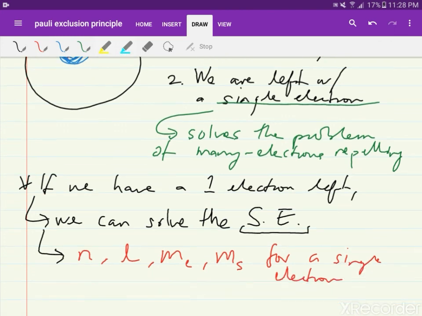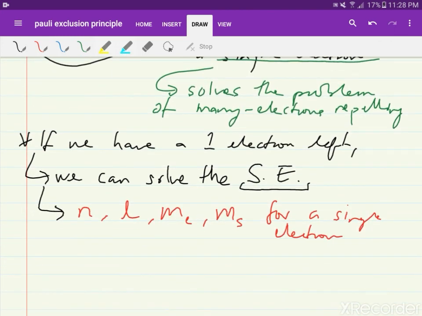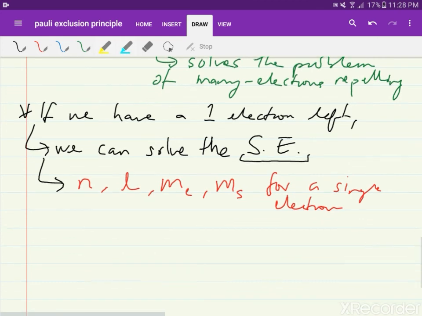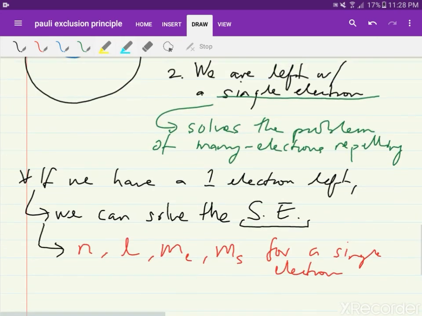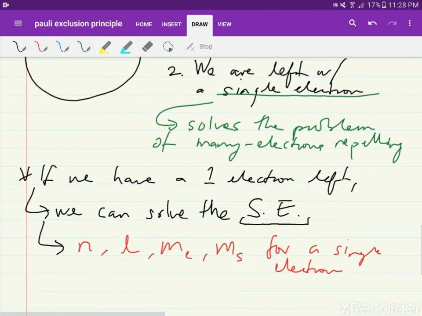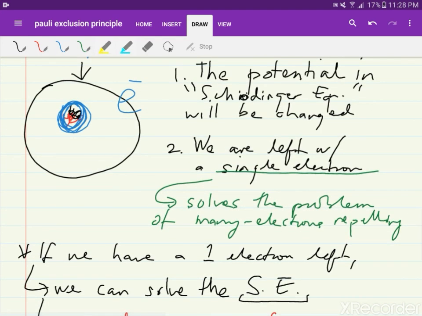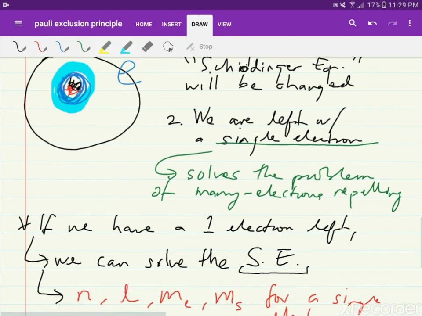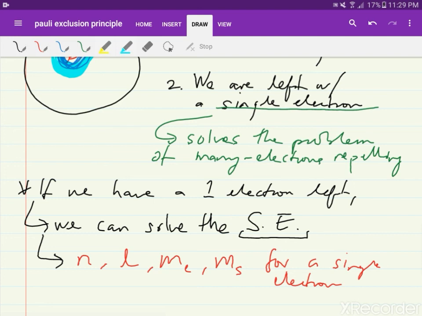This will also have a problem if we try to compress the electrons in just one state. So all these electrons are compressed in a single state. In the next videos, we will try to resolve that problem.